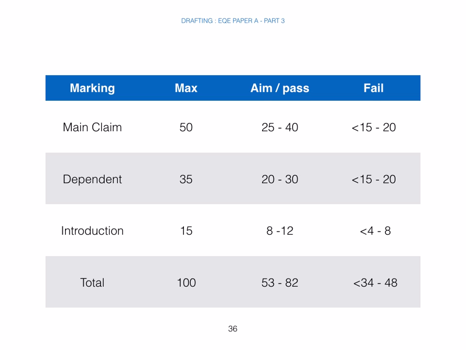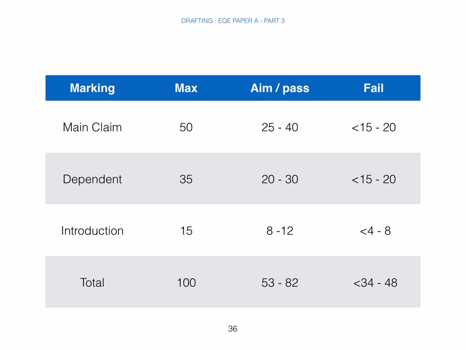So if you add up the marks that I've given, the lowest end and the highest end, you're getting between 53 and 82 marks for your A paper, which is quite good going, but you can do even better than that by getting more marks on the main claim. If you get below 25 and below 20, so if you have 20 on the main claim, even if you get 20 on the dependent claims and 8 on the introduction, which is quite good, you get 48 points maximum, which is a compensable fail.